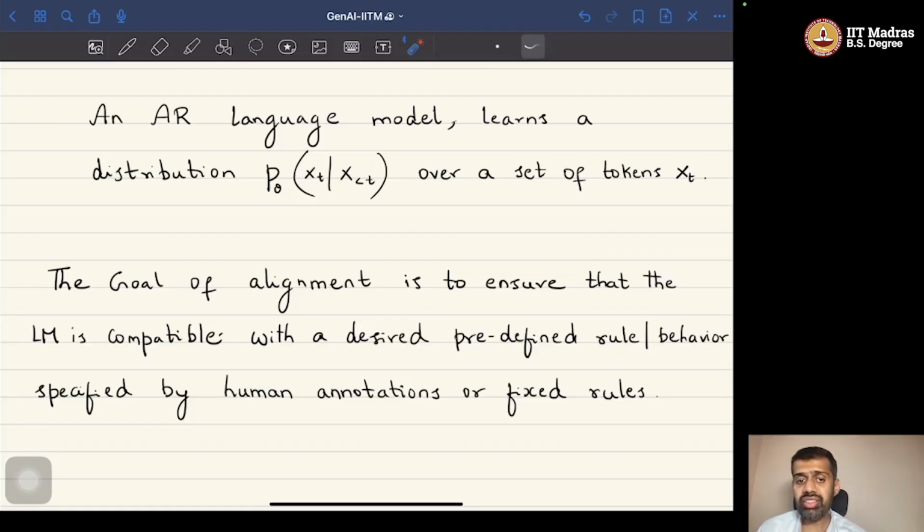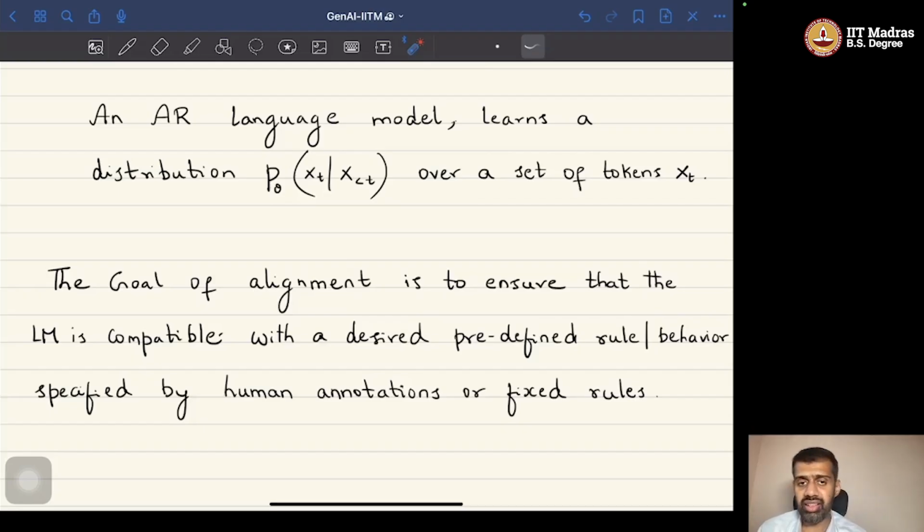Now, this is the broad intuitive goal of why one should look at aligning a language model once it is trained. So, I'm summarizing it again. The large scale language models are trained on data that is not regulated, which can have all kinds of data tokens.